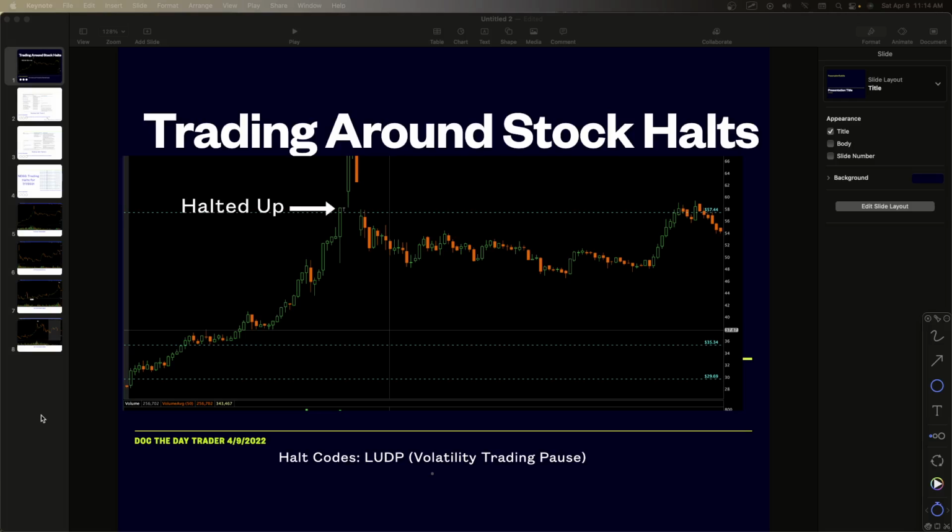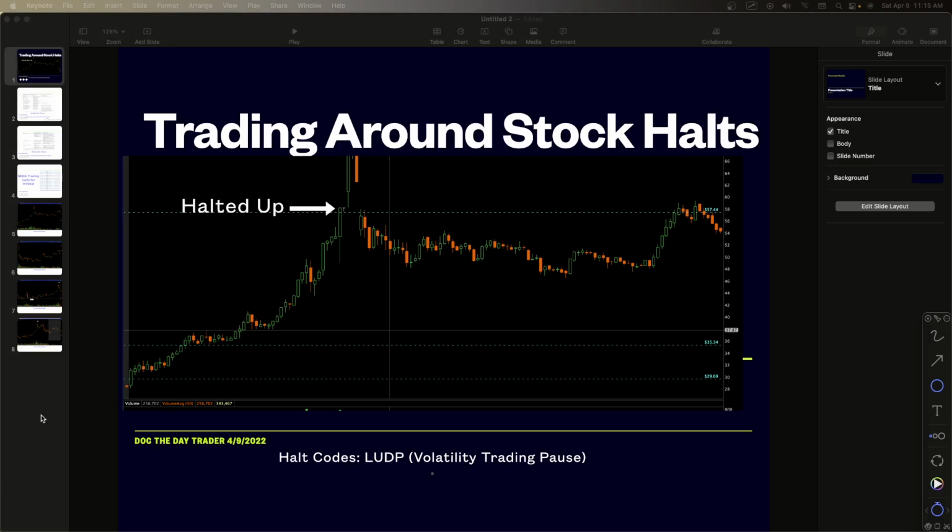Okay, and they start stacking up. So if you see that maybe level 2 had 40 on it, and then all of a sudden the candle stops and now level 2 shows 240, well, that stock's probably going to halt. Okay, so that's what we're looking for.